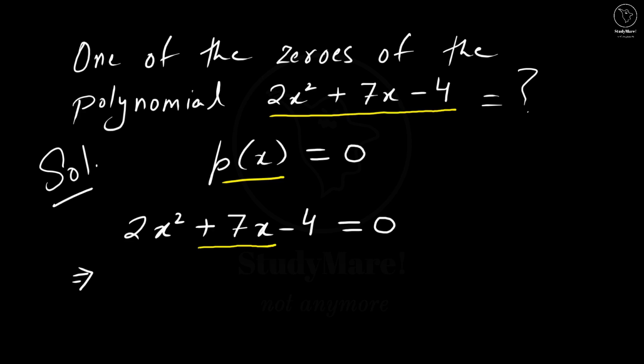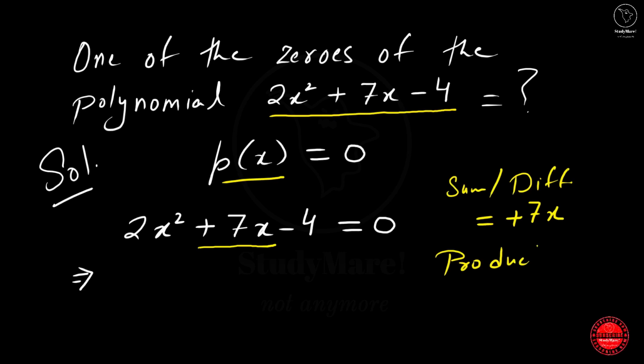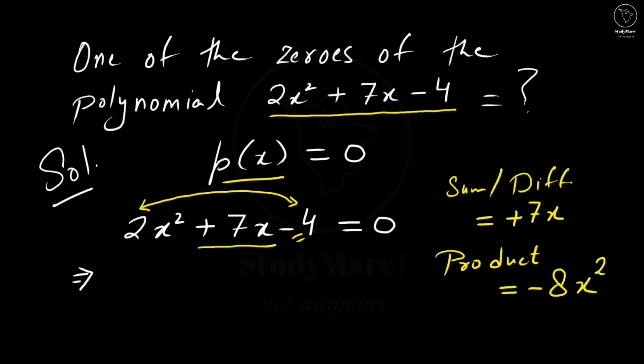Splitting the middle term means we have to divide it in two parts so that the sum or difference comes as plus 7x and the product of these two terms, that is 4 into 2, 8, and here we have minus, that means minus 8x².